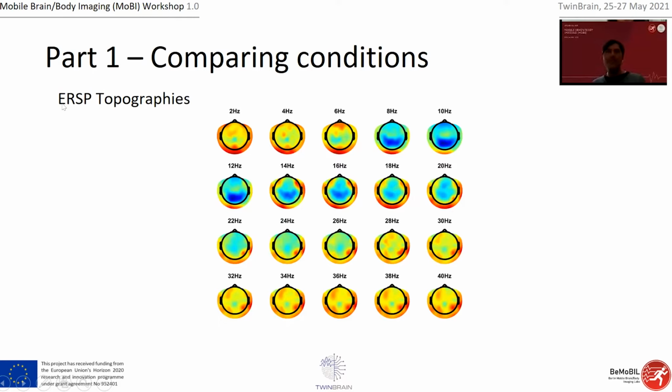These are the ERSPs shown as topographies, meaning this is not the same as what we look at with ICA patterns, because there we look at voltages. Here we look at a color-coded representation of the power ratio, these ERSP measures, and we can do that for all channels and all frequencies. I scrolled through and plotted for 2 Hertz, 4, 6, 8, and so on, and that is already quite indicative of what is going on.